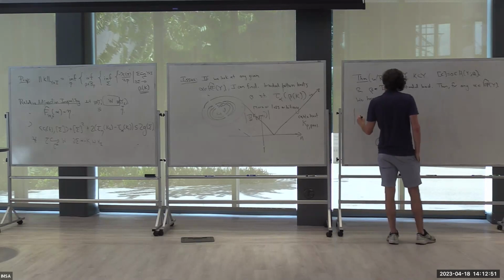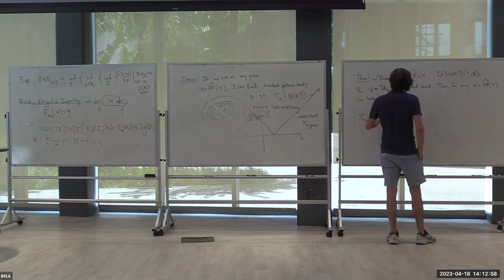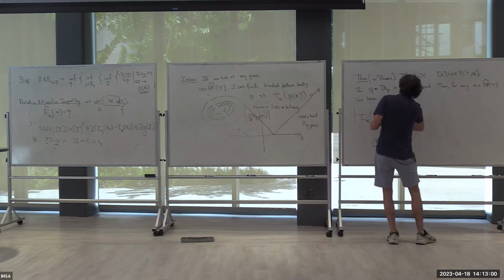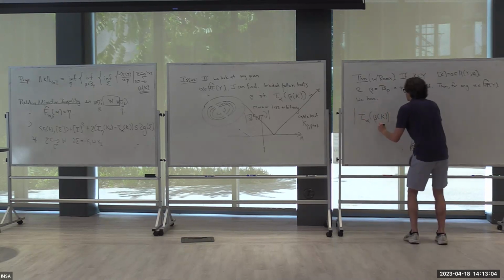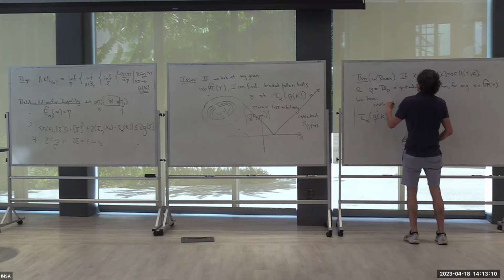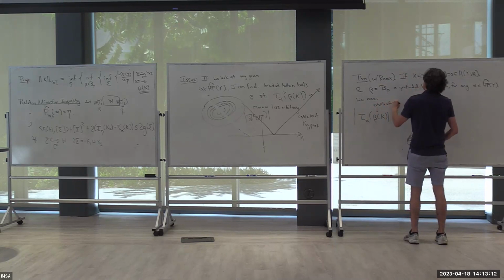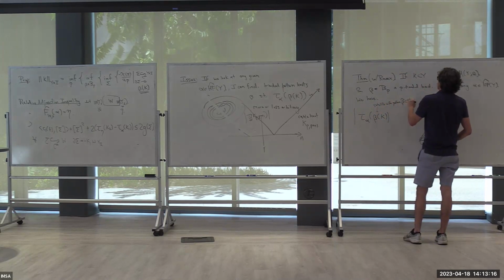So we look at this satellite with pattern beta, the closure of beta inside the solid torus.